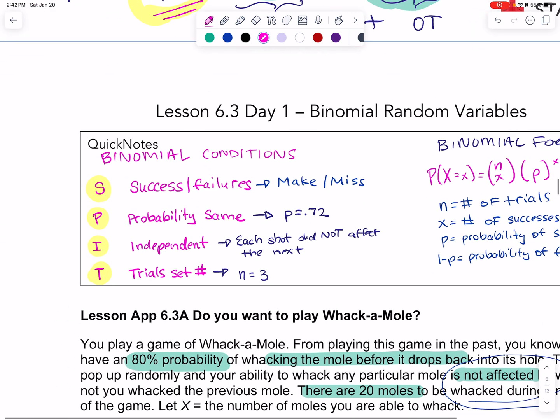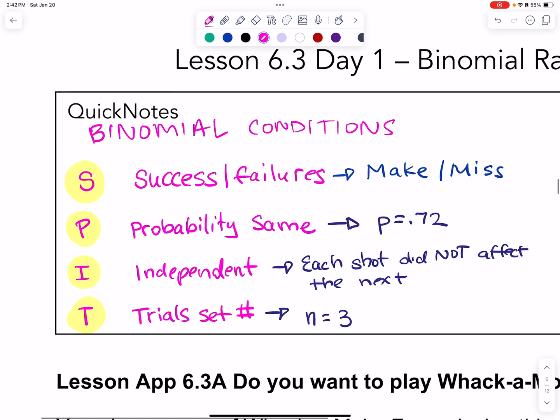Okay, so today, this is what I want you to see, is this is called a binomial random variable. And the reason this is binomial is because it satisfies the acronym SPIT. Yes, I know SPIT sounds very formal, I'm just joking. But this silly little acronym will help you remember that S stands for success or failure. Did Darius Washington in this situation have a success or failure opportunity?